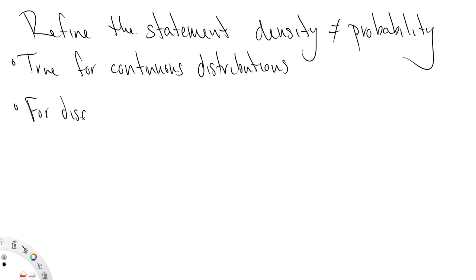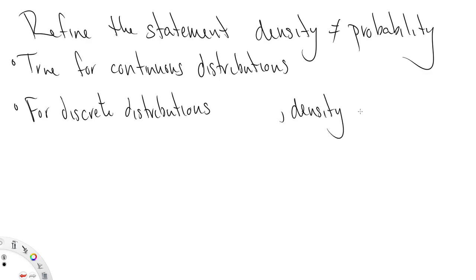For discrete distributions, I'm going to leave a space there. Density, leave a space, equals probability. I'm going to leave a space and put a period here. And I mean to read this from the right down to here.